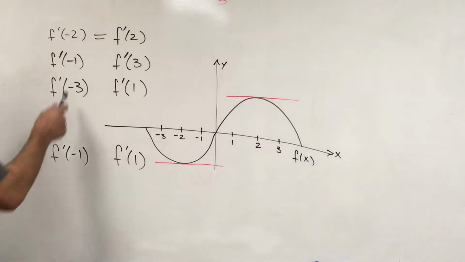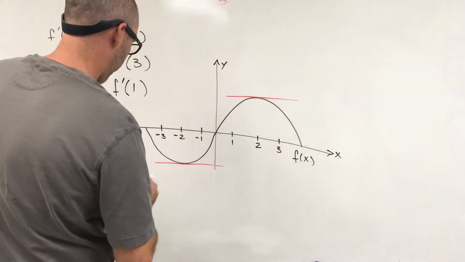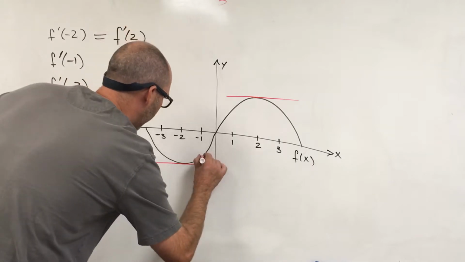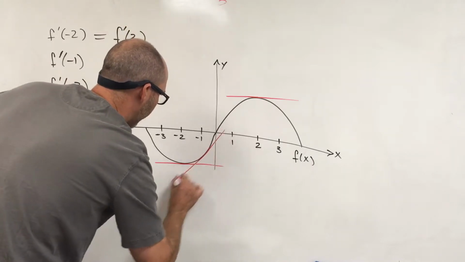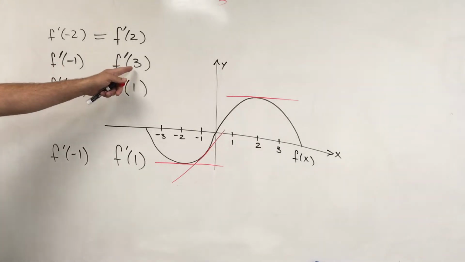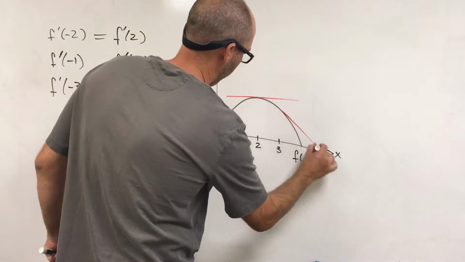All right, now let's think f prime of -1. f prime of -1, let's see, that's the slope of the tangent line there at -1. Right, so something like that. f prime of 3, that's the slope of the tangent line here.